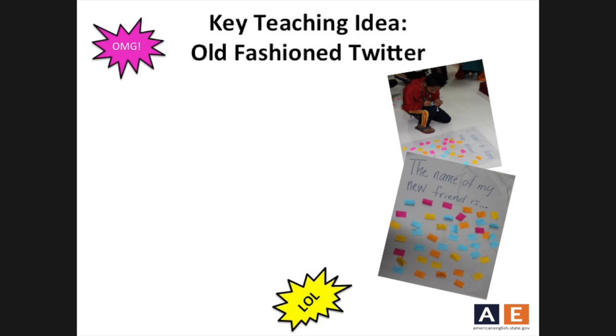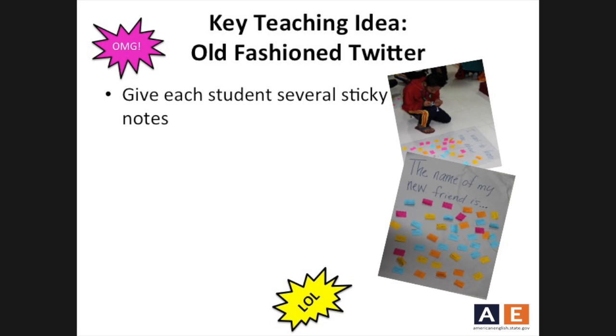Another example I've used in the past is what I call old-fashioned Twitter. This makes a traditional brainstorming or question-answering activity more interesting by framing it in a way that is more appealing to young, tech-savvy students. For this activity, give each student several sticky notes and display questions on chart paper around the room.